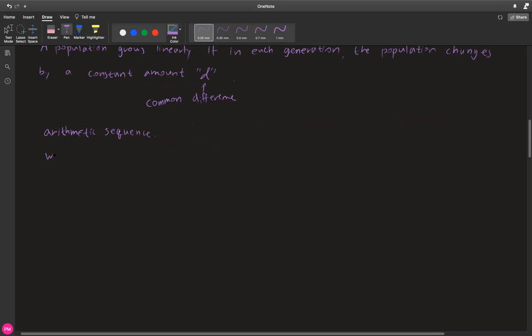So when D is positive, when it's greater than 0, then we have a positive growth. Or in other words, we call this an increasing sequence.